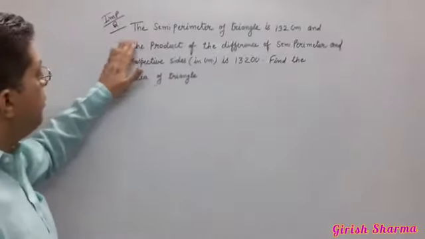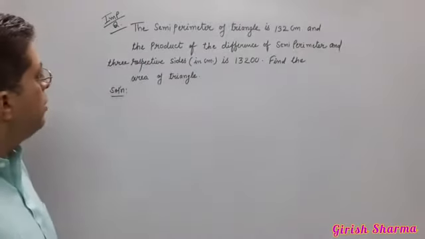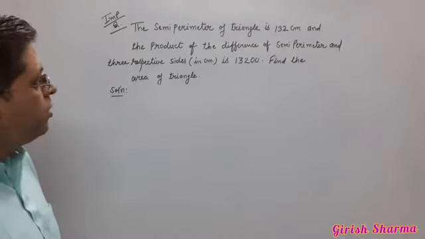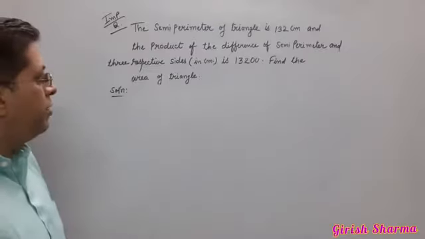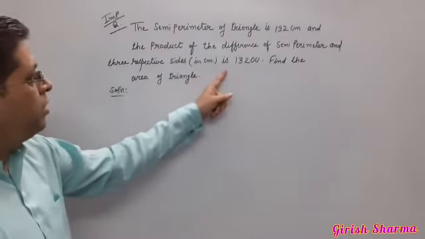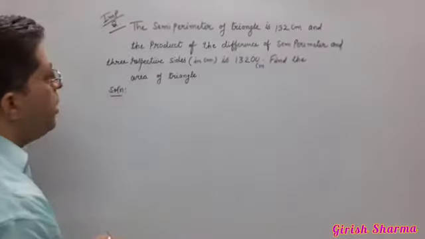A very important one. The semi-perimeter of a triangle is 132 centimeter, and the product of the differences of the semi-perimeter and the three respective sides is 13200 centimeter. Find the area of the triangle.